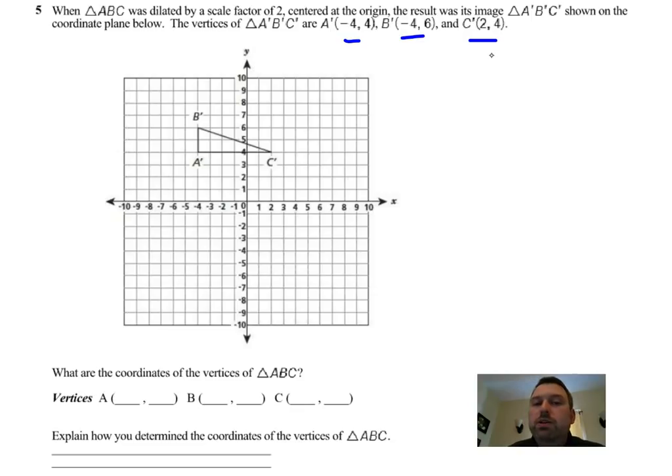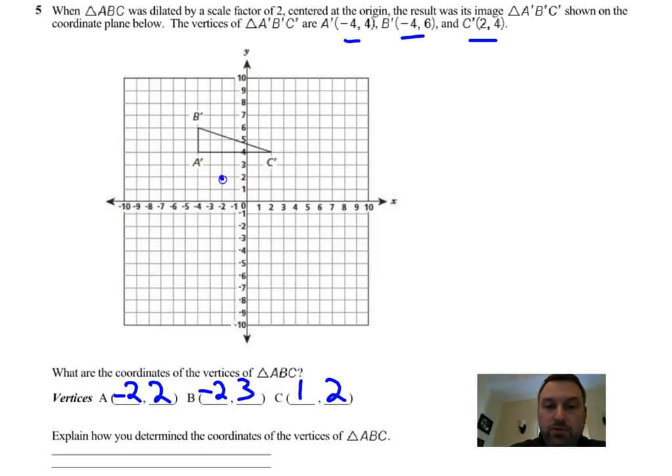A lot of you were thinking dilate by 2, but to get from the pre-image to the image, you did dilate by 2. But they want to know what the vertices of the pre-image are. So again, you had to divide each of those coordinates by 2. So you should have gotten negative 2, 2, negative 2, 3, and 1, 2. Again, you're working backwards.